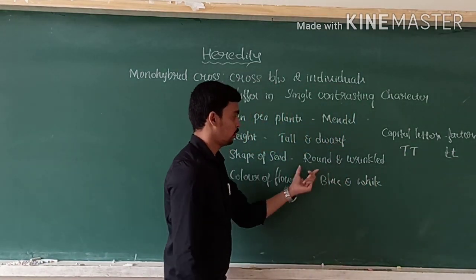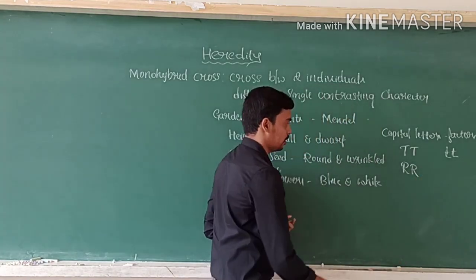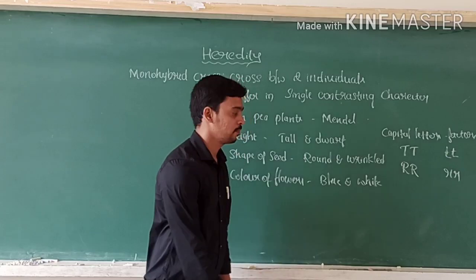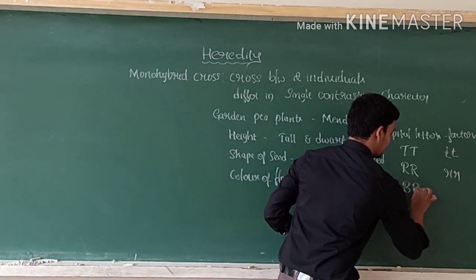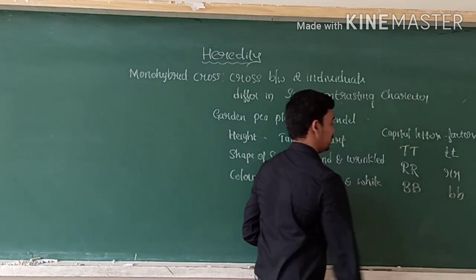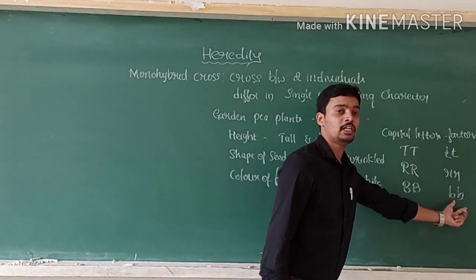Here also, round is capital R, capital R, two factors, and wrinkled is small r, small r. For color of the flower, blue is capital B, capital B. And white, a recessive character, is represented by small b, small b.